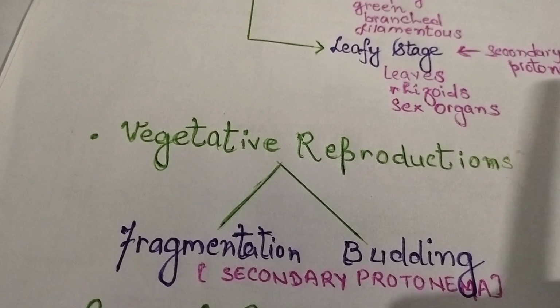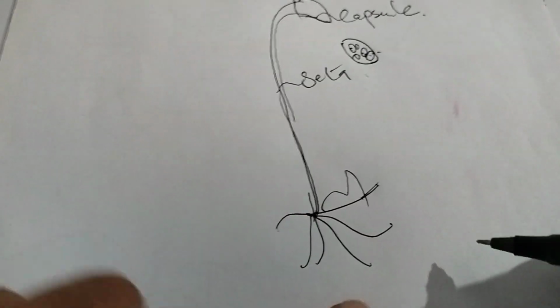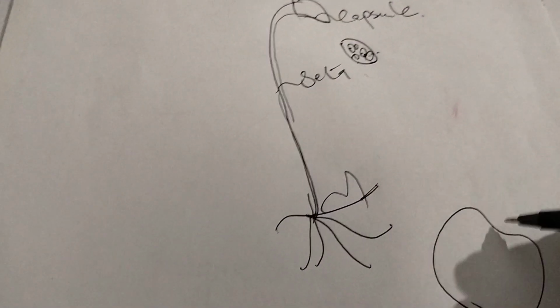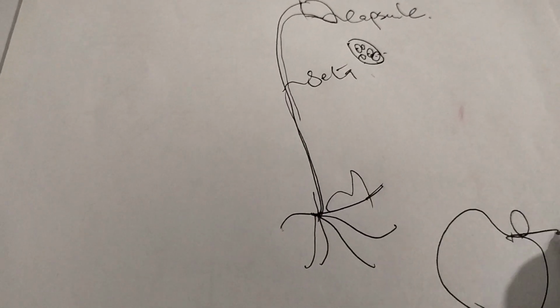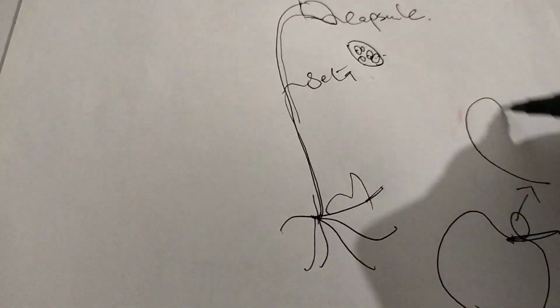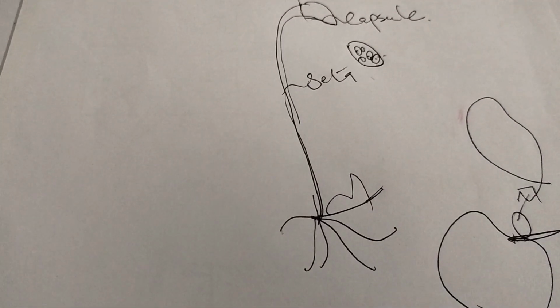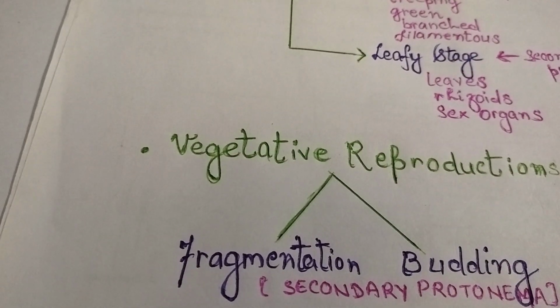This bud then detaches from the parent body. Suppose this is the thallus. A bud-like structure will arise. This bud will detach from the plant body and grow into a complete thallus. So vegetative reproduction in mosses is by two ways: fragmentation and budding.